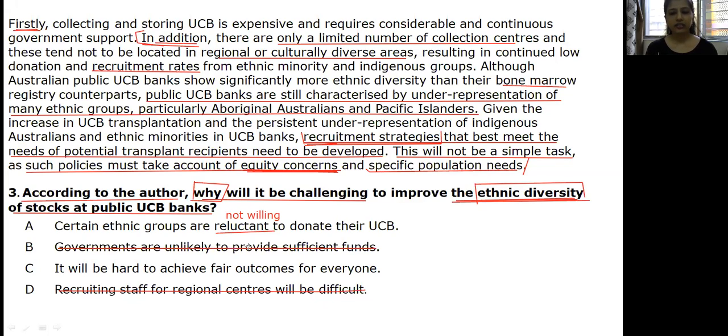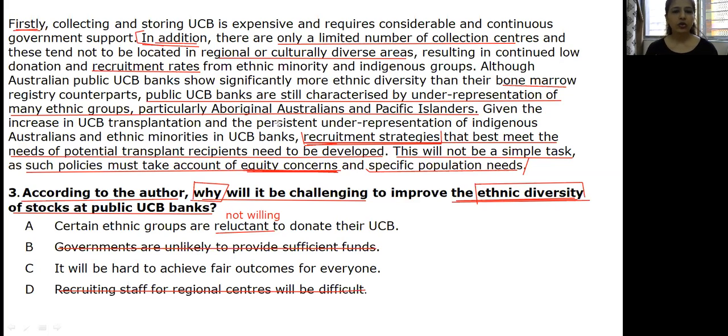Okay, so I have received answers from two of you. I'll still wait to get further response and then I'll start discussing it. Yeah, so reluctant, if you know the word, A can be ruled out because it says that it's not that the people are not willing to donate.